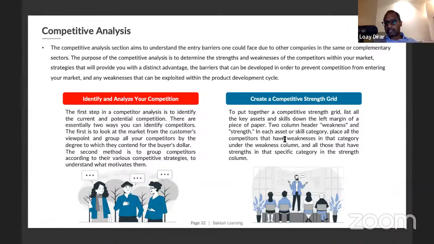After that, in each asset or skill category, place all competitors that have weaknesses in that category under the weaknesses column, and all those that have strengths in the specific category in the strengths column. So you can easily look at it from a bird's-eye perspective. Who has the strengths in these areas? Who has the weaknesses? And which kind of assets are they using in order to position their strengths in the market? Okay.